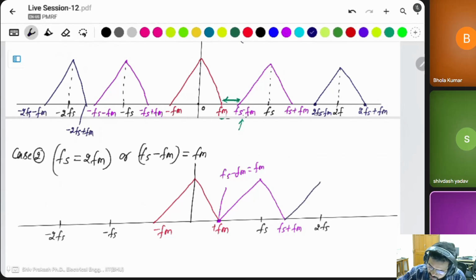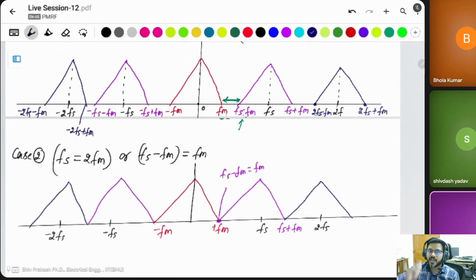Another signal starts from here and goes to here. The same thing occurs at this side also. There is no gap between them in sampling frequency. If the sampling frequency is twice the original signal frequency, there is no gap between them, and all the signal will come at the output.